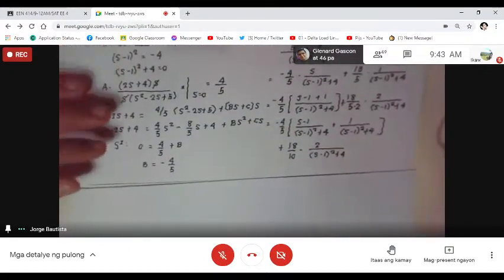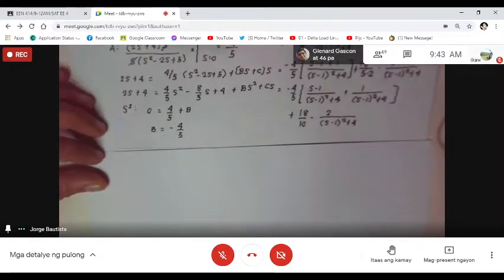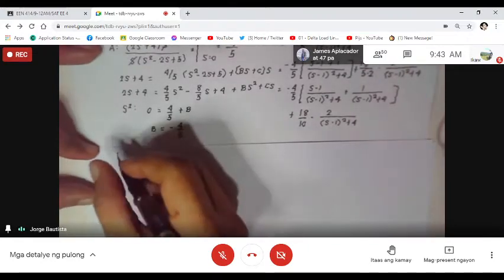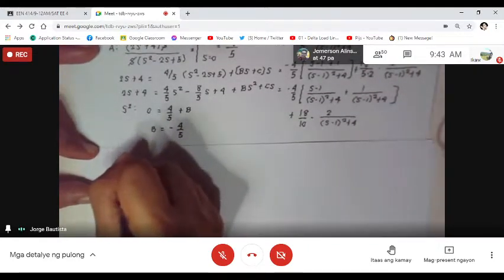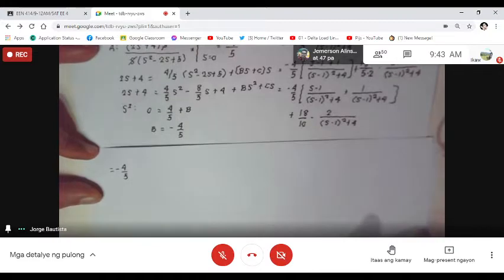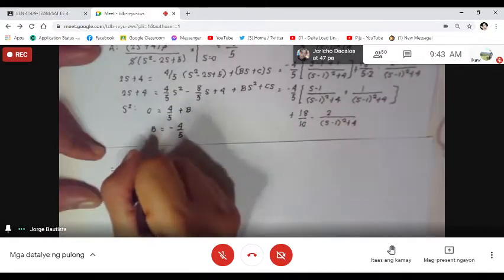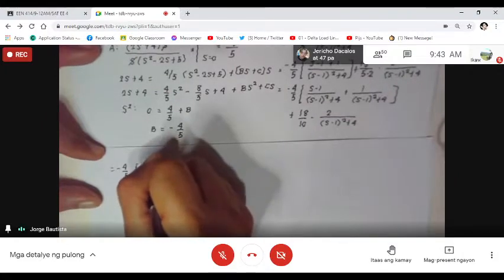Ito na. So, dito tayo, no? So, that is negative 4 over 5. Okay? So, this one is cosine, no? Oh, cosine.